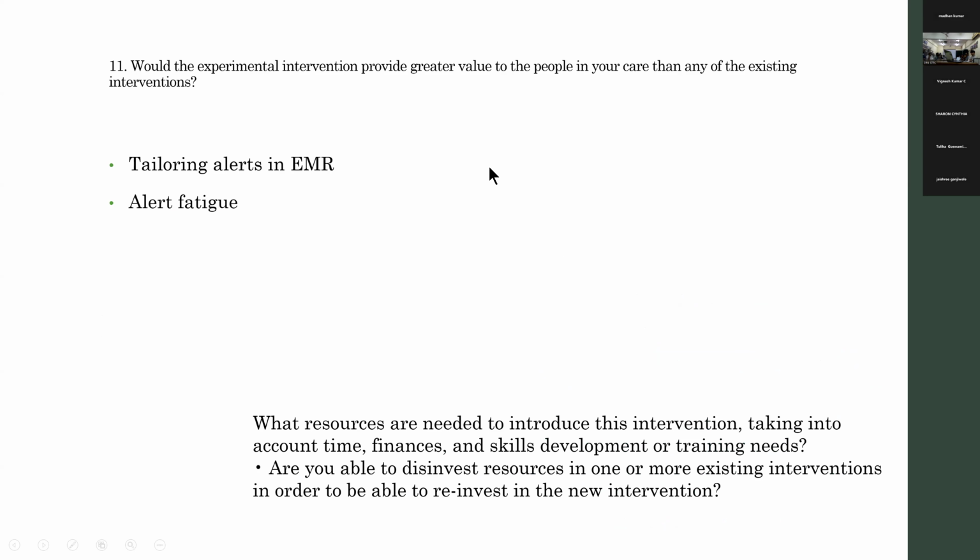Would the experimental intervention provide greater value to the patient than the existing intervention? Based on this study, they didn't show much clinical difference in the clinically significant DDIs. But what can be done is you can tailor the alerts. Here they took moderate and severe both. If you tailor the alerts, maybe the outcome would have been different.